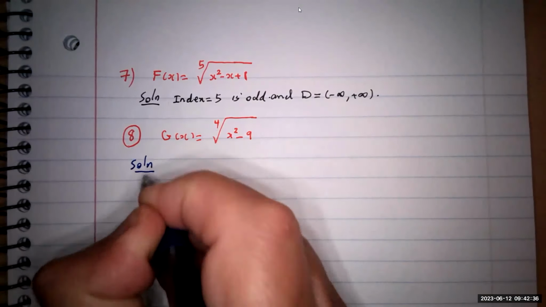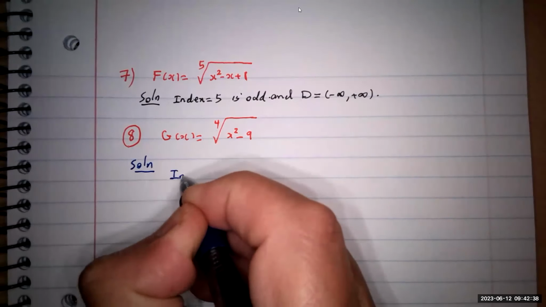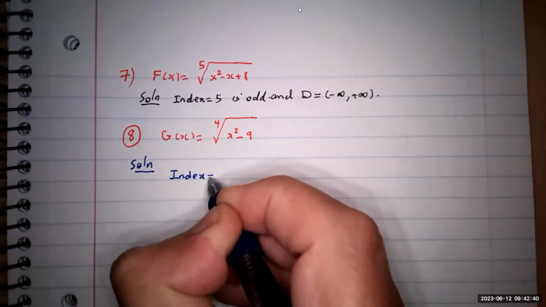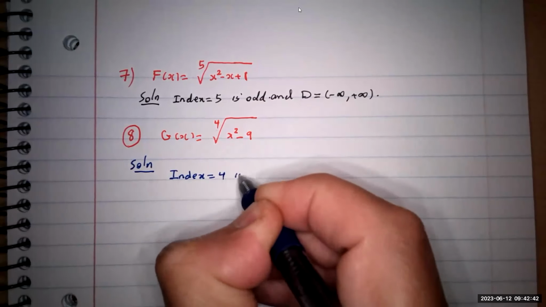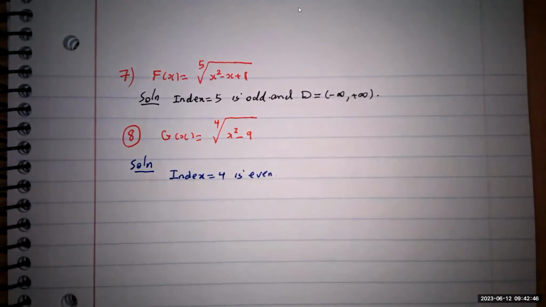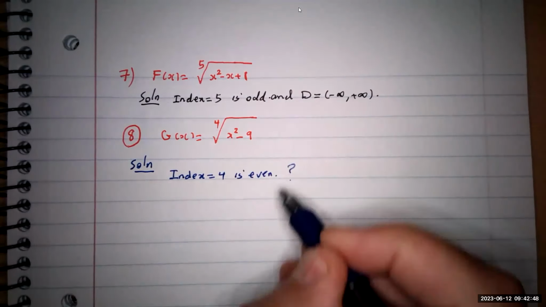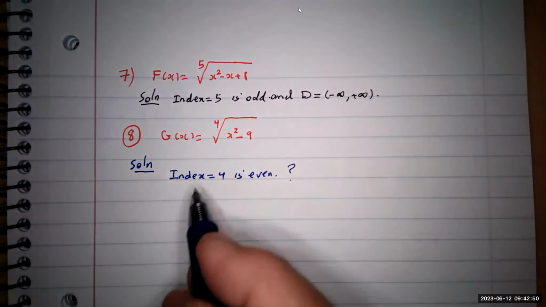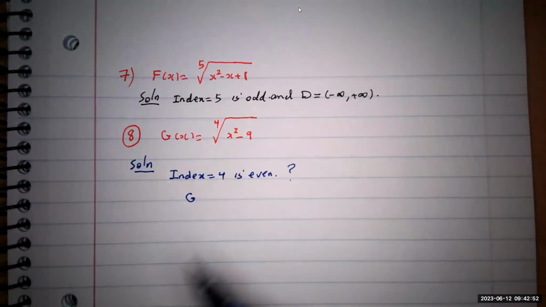Solution. Index of the radical: 4 is even. So you put the question mark here. What's the question mark? This means g is defined. Again, you can do it right away. I explain it.